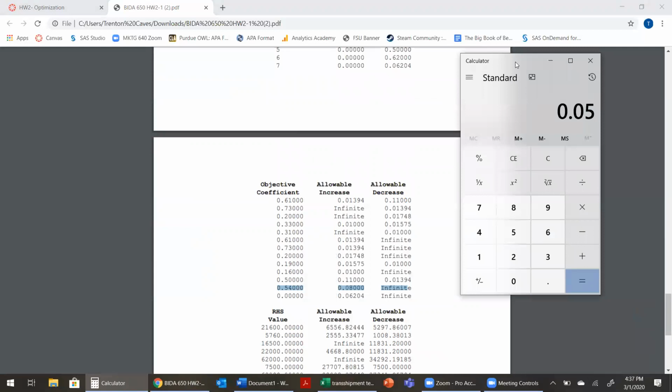So a 5-cent increase over 8 cents is 62% change. There is 62% of our allowable increase.